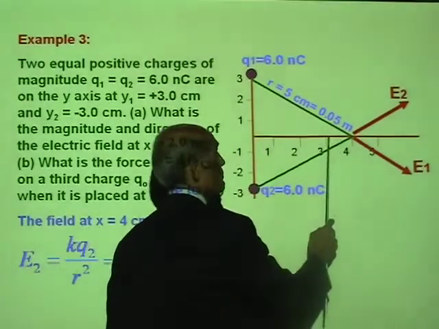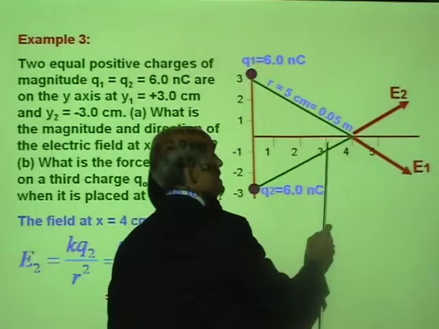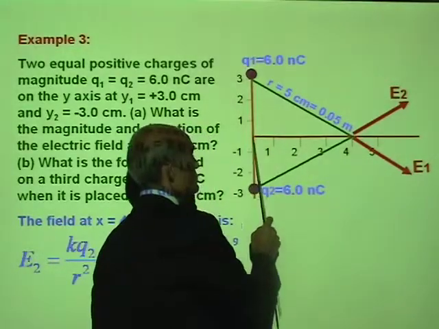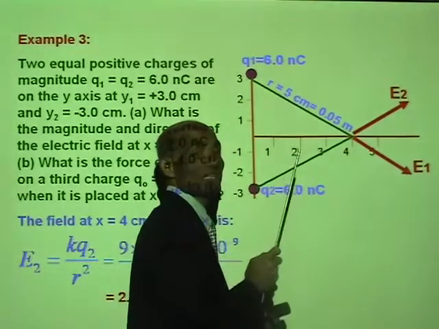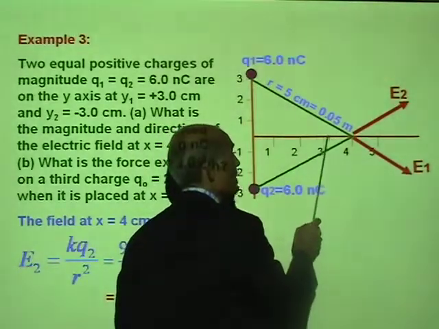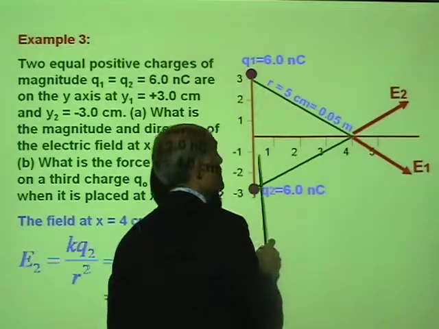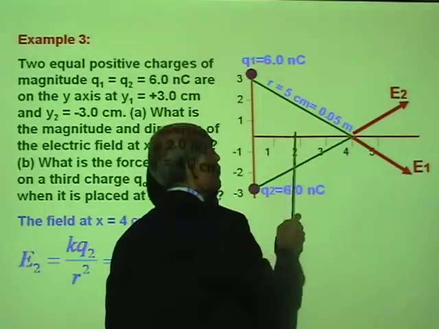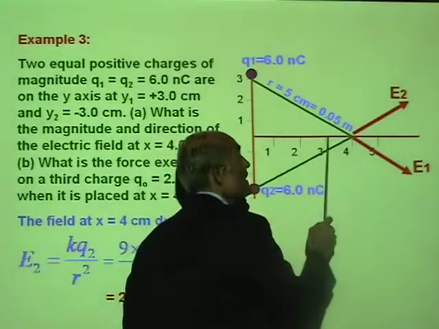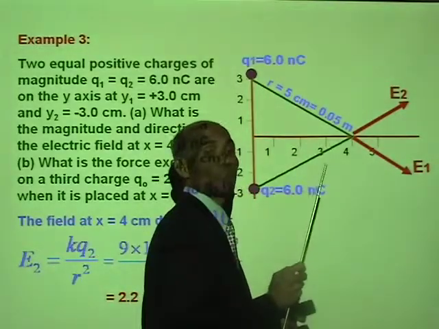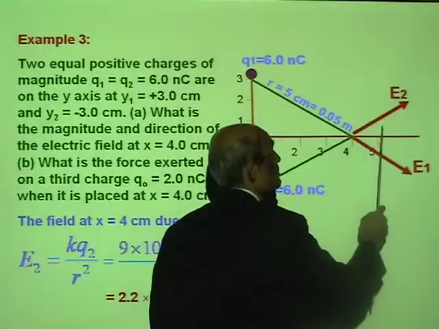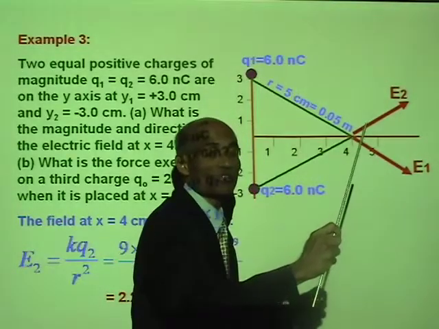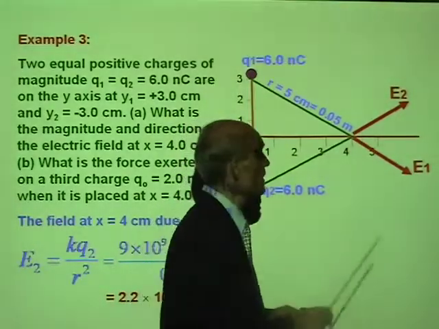So, if this angle is theta, its opposite side is 3 centimeter, adjacent side is 4 centimeter, therefore tangent of that angle theta will be 3 over 4, and hence we can find that angle theta. If you know this angle, then I know the angle the vector makes with the x-axis. I hope that is clear. Alright, let's do that.